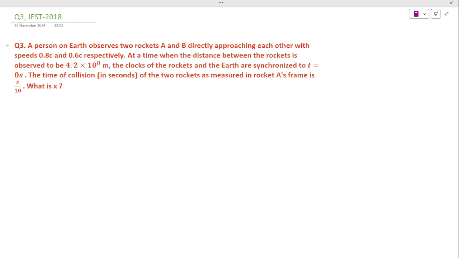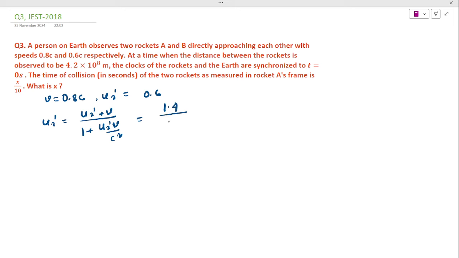So basically here it is given that v equal to 0.8 c, and for ux dash we use the relativistic velocity addition theorem: ux equal to ux dash plus v by 1 plus ux dash v by c square. Putting in the values, we get 1.4 by 1.48 c.